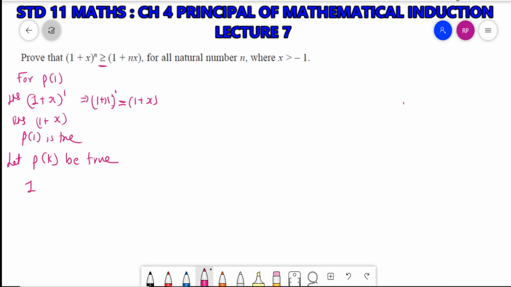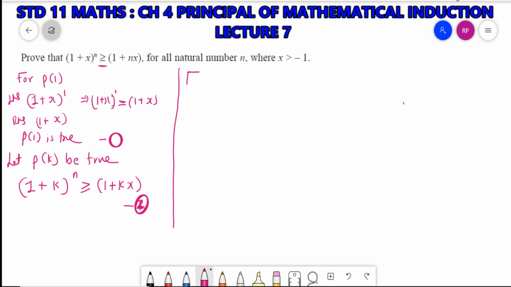This means that 1 plus x whole raised to k is greater than or equal to 1 plus kx. Let's take this as equation number 2. Equation number 2 will be useful for proving P of k plus 1 is true.